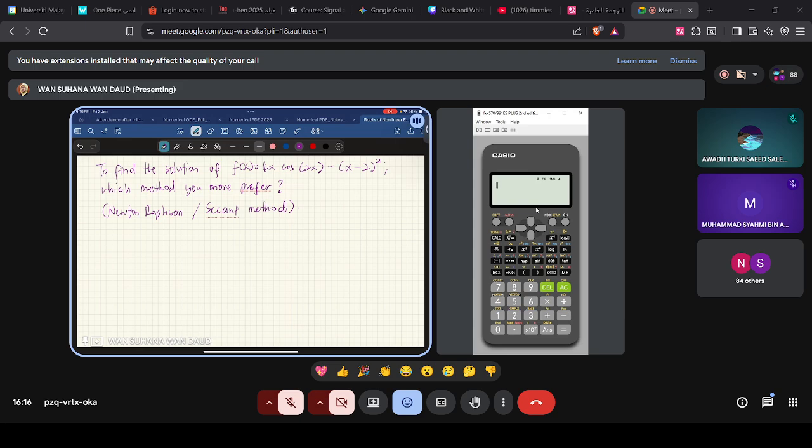In order to find the roots for x cos 2x - x - 2, do you choose Newton-Raphson or the secant method in this case? Come on, answer. You may choose any method.